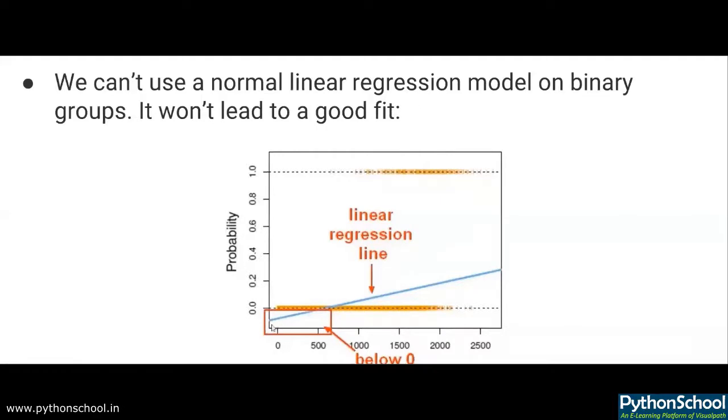So assume that this x-axis is some sort of a paycheck value, which would mean that if your paycheck is lower, you have 0% probability to pay back your loan.